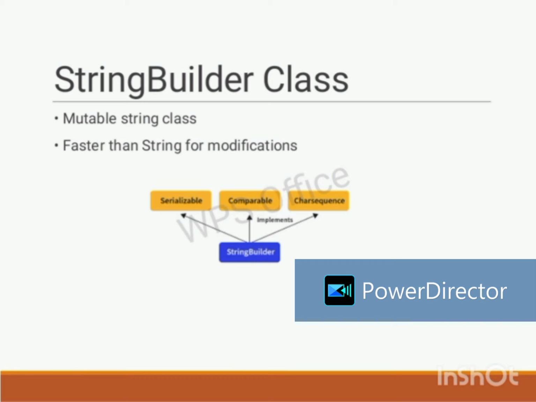Let's now explore the StringBuilder class, your go-to tool when you need to modify strings repeatedly. Unlike the String class, which is immutable, StringBuilder is mutable, meaning its content can be changed without creating a new object every time. This is much more memory efficient than repeatedly using the plus operator or concat. So when should you use it?